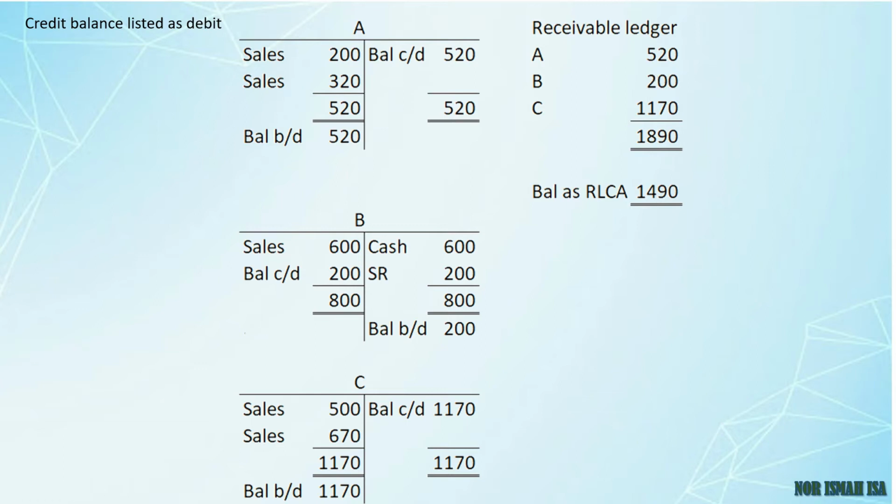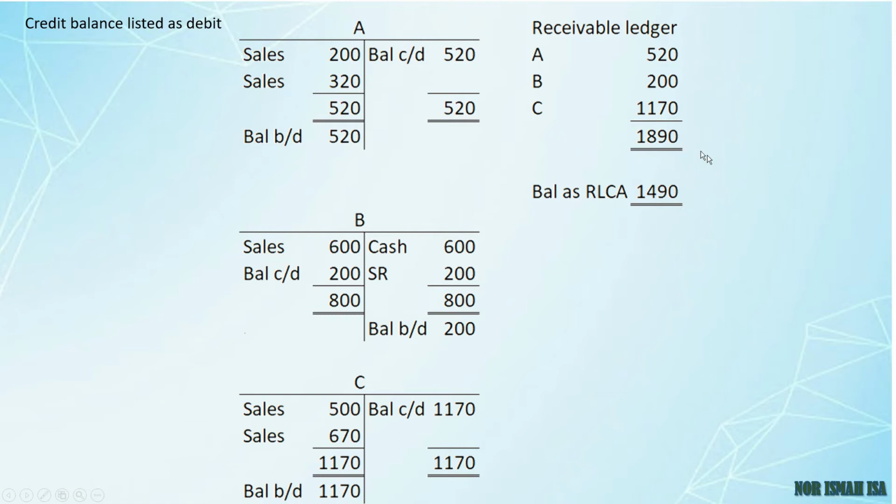So the total amount of the list of balances is 1,890, whereas the balance recorded in the receivable ledger control account is 1,490.